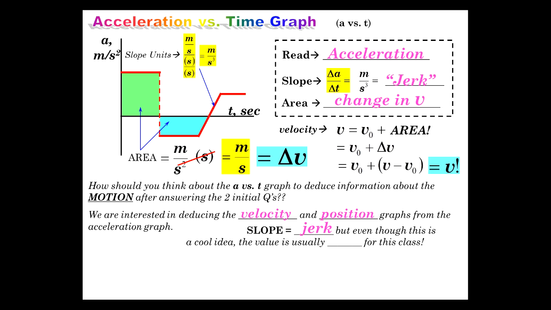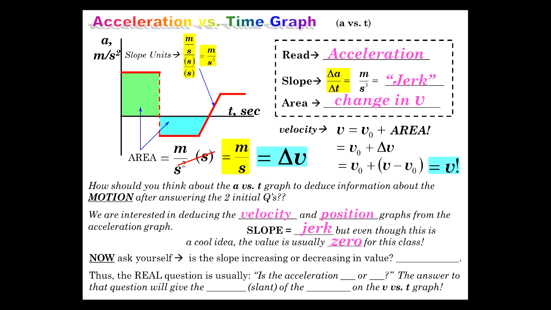But that's kind of neat. But generally, we don't even have to consider a changing acceleration. So it's usually 0 for the kind of problems that we work with. Now, in the real world, changing accelerations are very common.